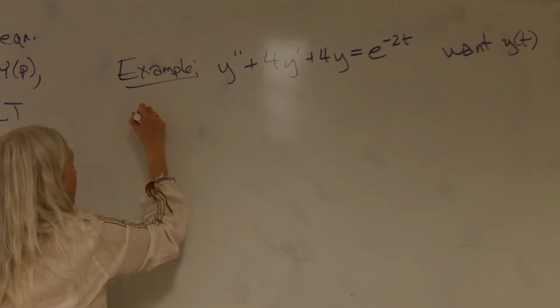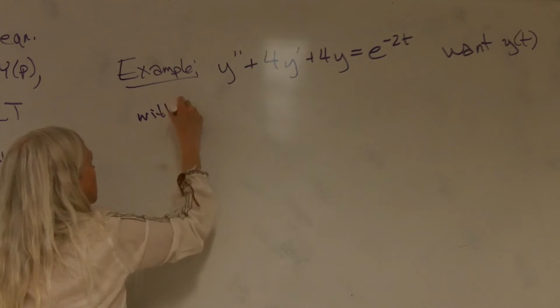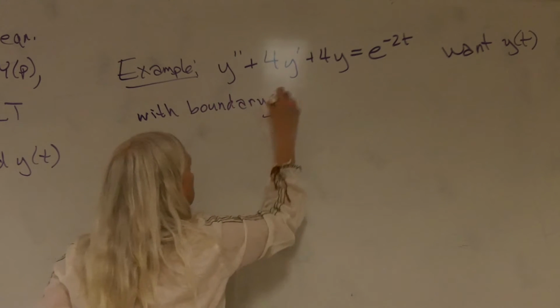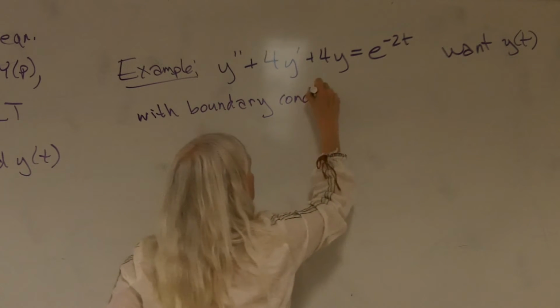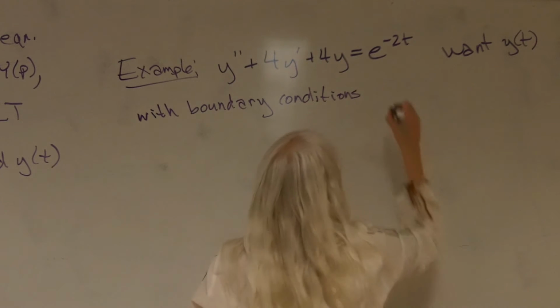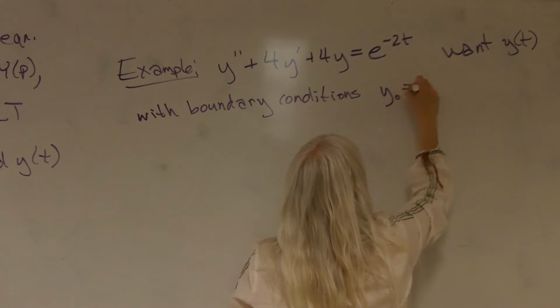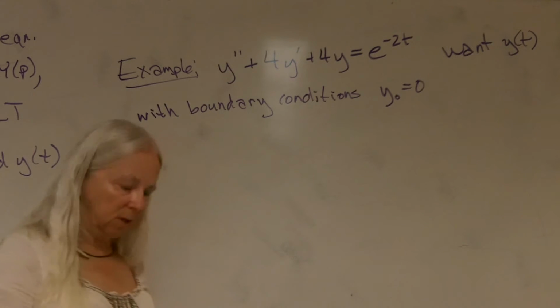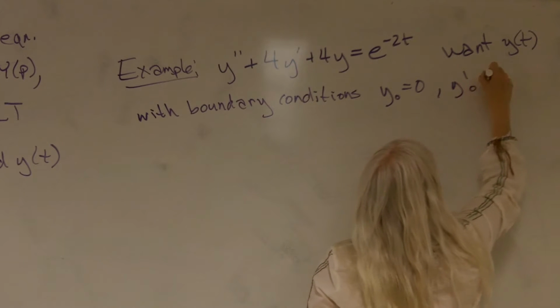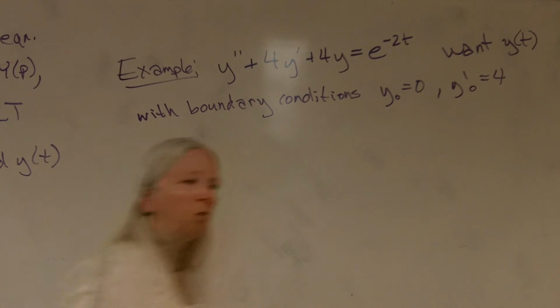And let's say we have boundary conditions or initial conditions: y naught equals 0, in other words, y equals 0 at time t equals 0, and y prime naught equals 4. In other words, the value of y prime at t equals 0 is 4.